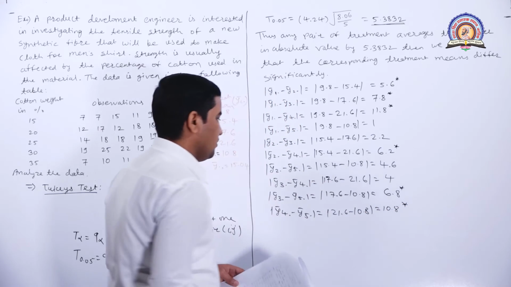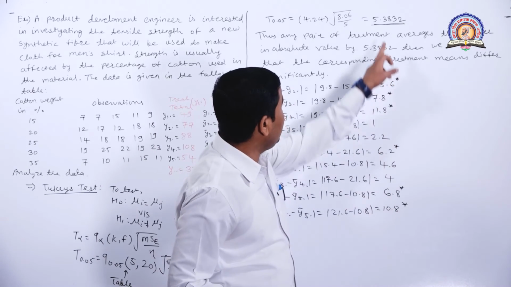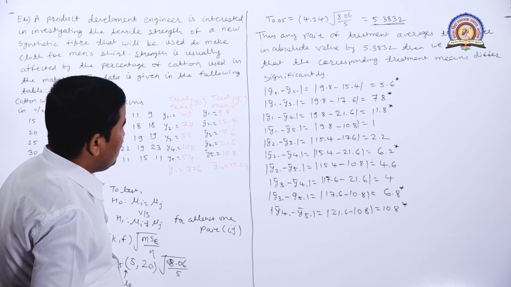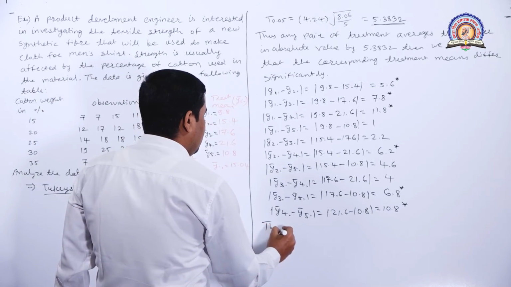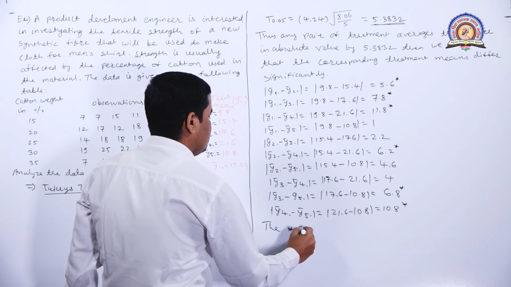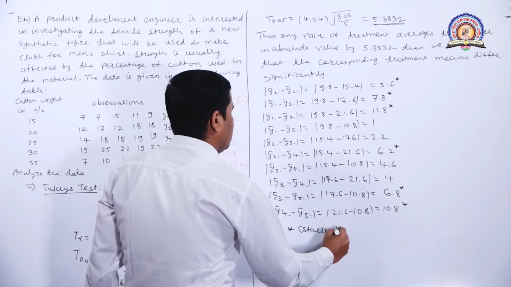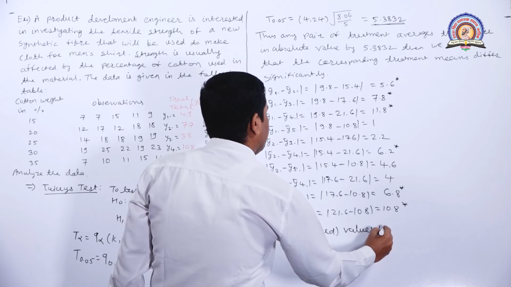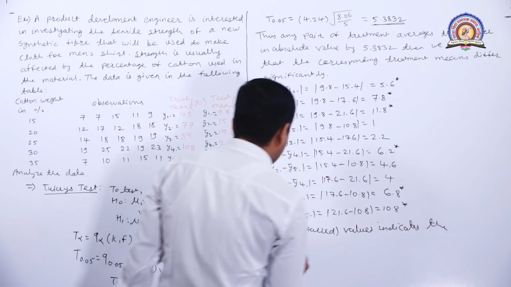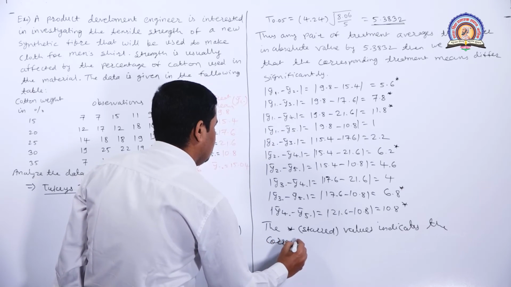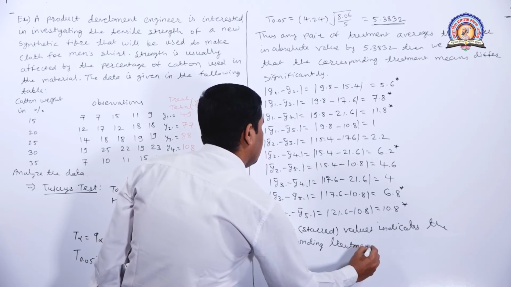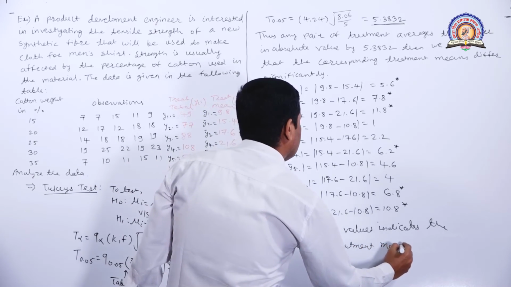Here also I have written a star because this 10.8 is greater than T alpha, 5.3832. So we can write the conclusion of all this in one statement, which is: the star indicates the corresponding treatment means differ significantly.